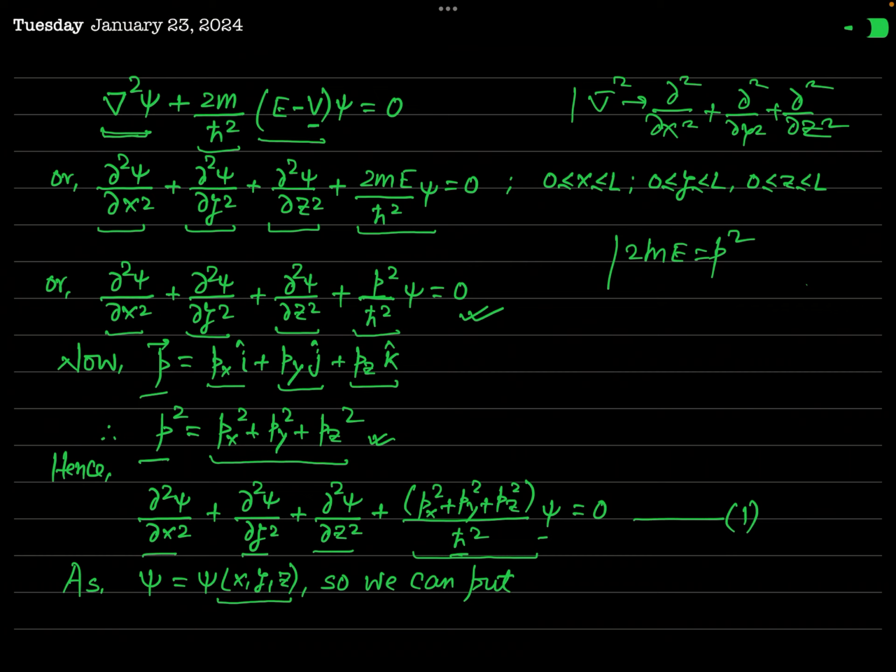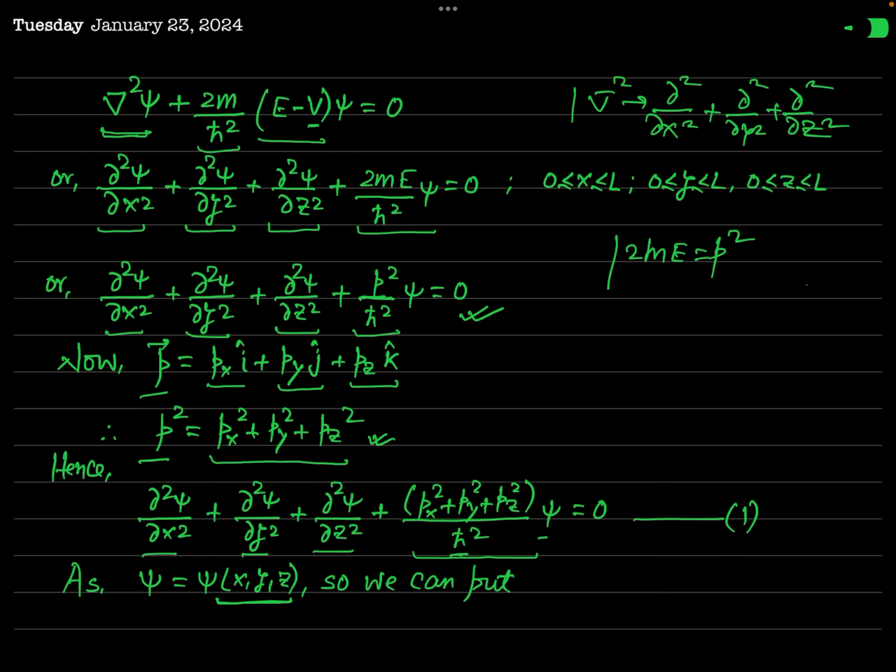And it is a partial differential equation of second order, where our function psi is a function of 3 independent variables. So definitely, if you think about the solution of this equation, how can you solve it?